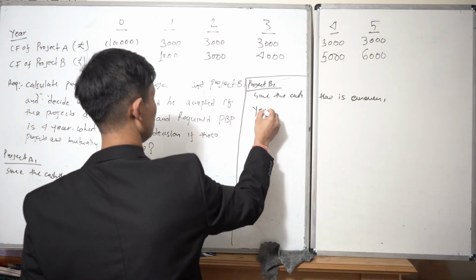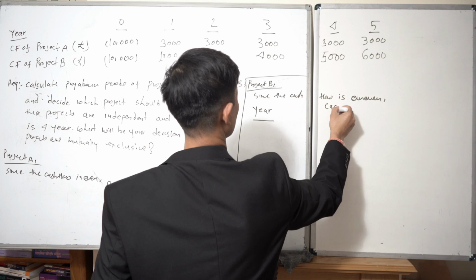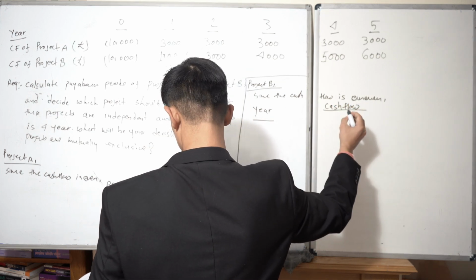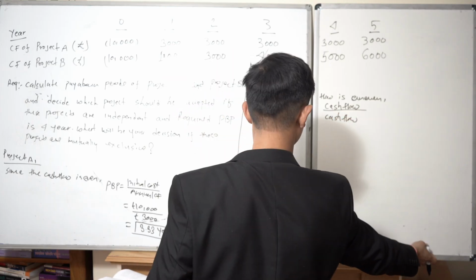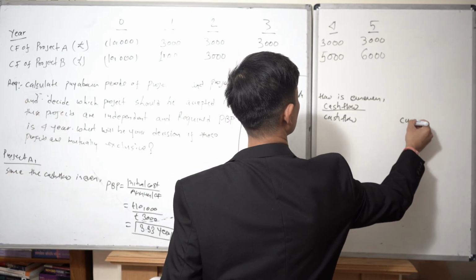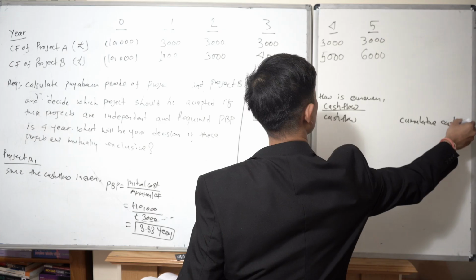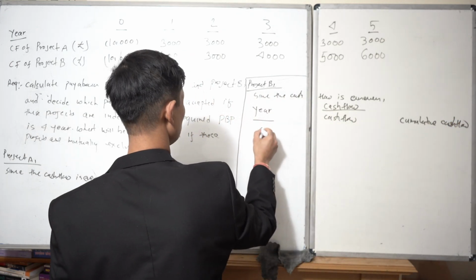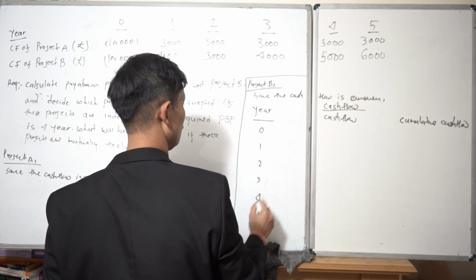We can simply make a cash flow and cumulative cash flow table. Here we have 0, 1, 2, 3, 4, 5.